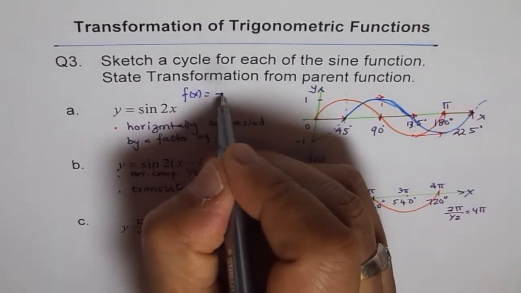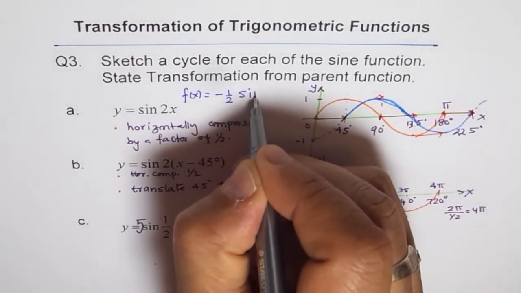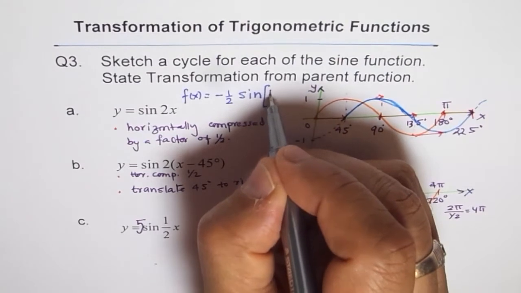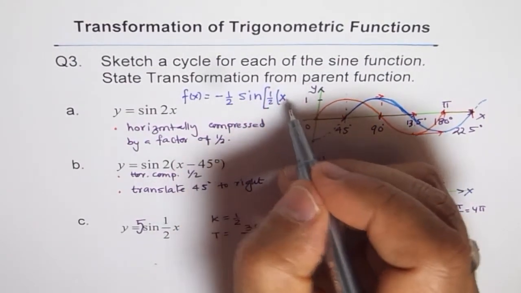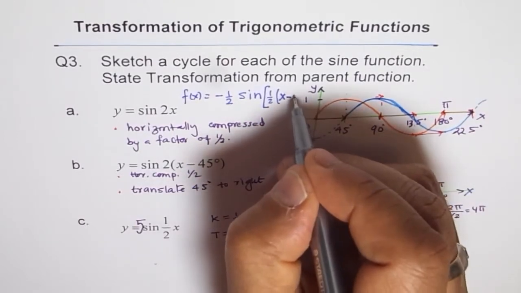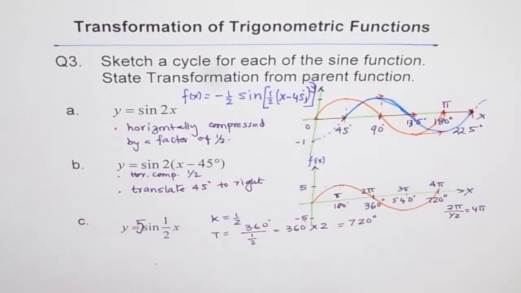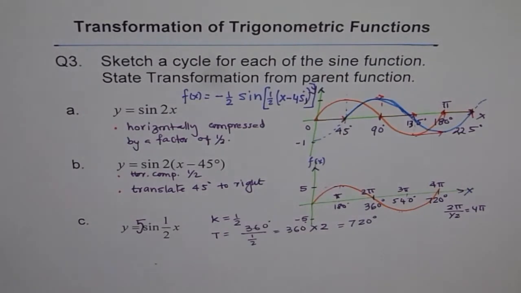So here I write minus, and I'll put half this side, sine of, within square brackets. Okay, half here also, how does it matter? I wanted to write t, but I wrote x, minus 45 degrees. So I'm not making it very difficult for you, it's kind of simple. So for the 45 degrees shift, remember that part, right? So just practice this and see if you can get it. If not, let me know, write in your comments, and then we will see how to do it.